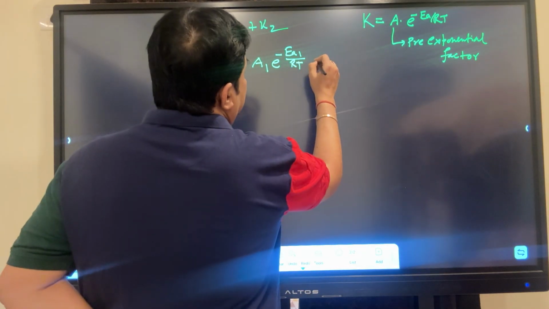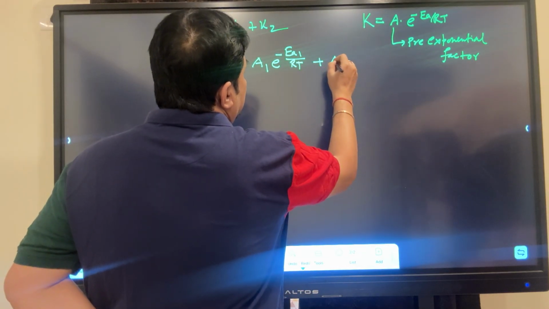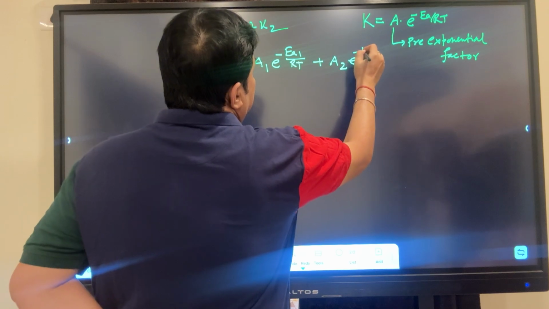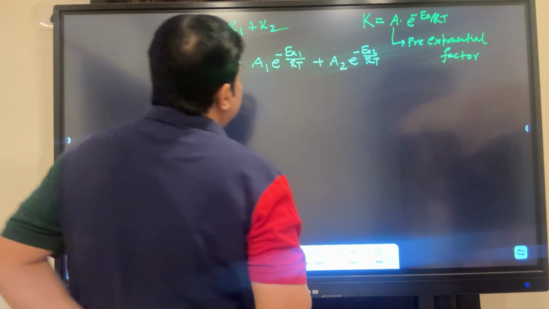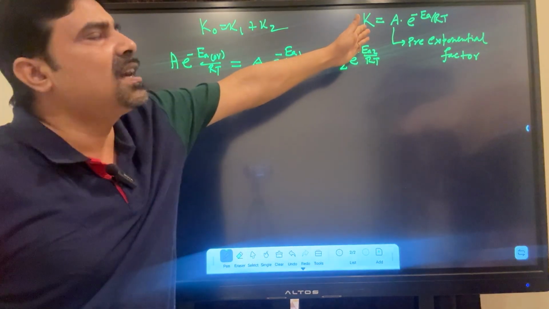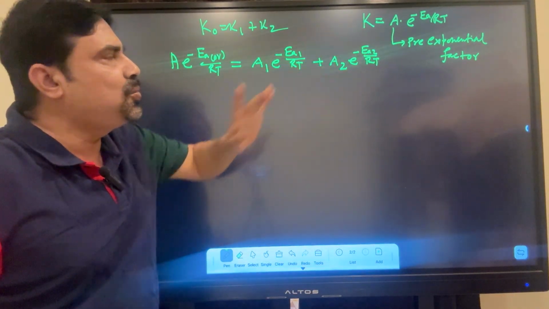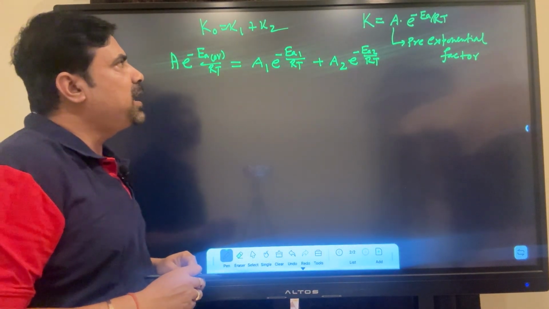And then instead of K2, by applying the Arrhenius equation, I am writing A2 into e to the power minus EA2 by RT.